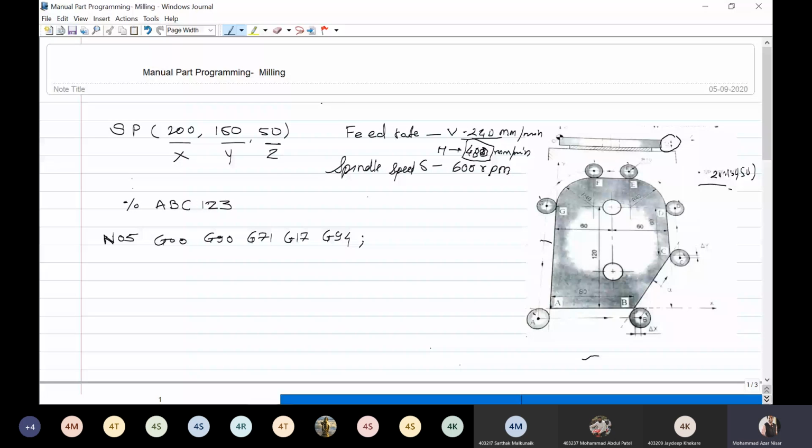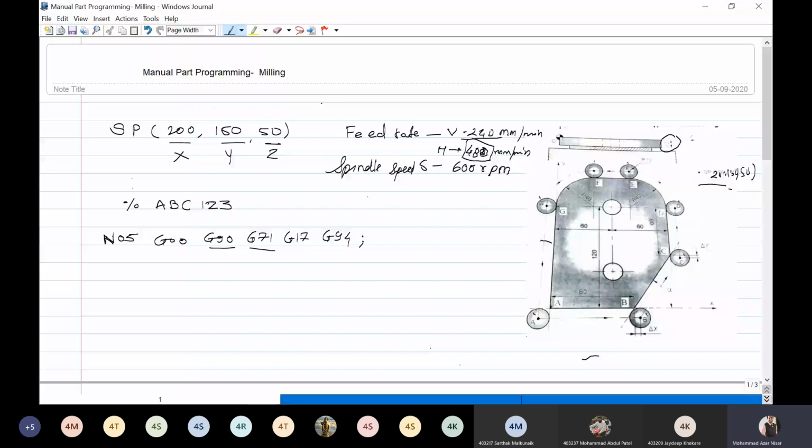Then next one, this G00 is nothing but rapid traverse. G90 we are considering as an absolute coordinate system. G71 is for the metric unit.